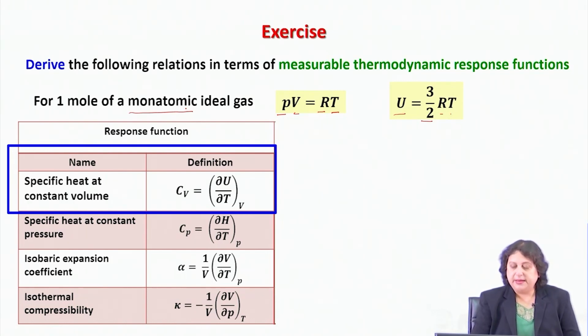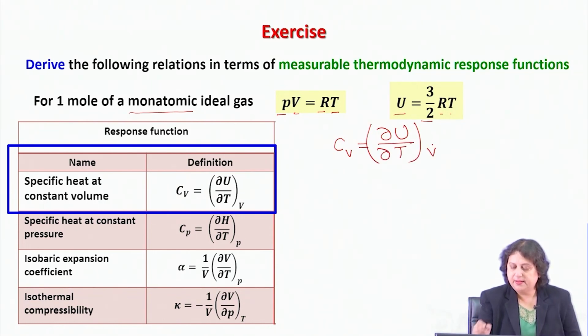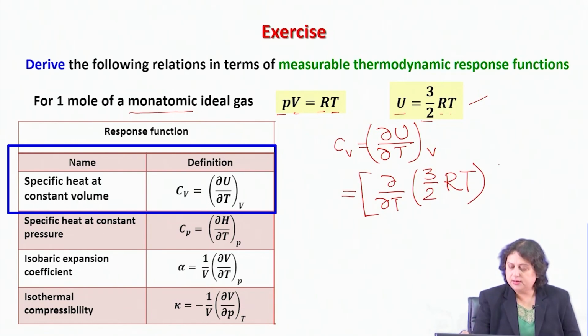Obviously, by definition, Cv is (del U/del T) at constant V, and I already know what U is, therefore I can write this as del/del T of 3/2 RT under constant volume.